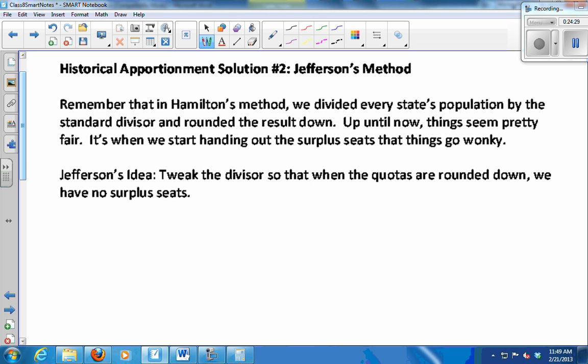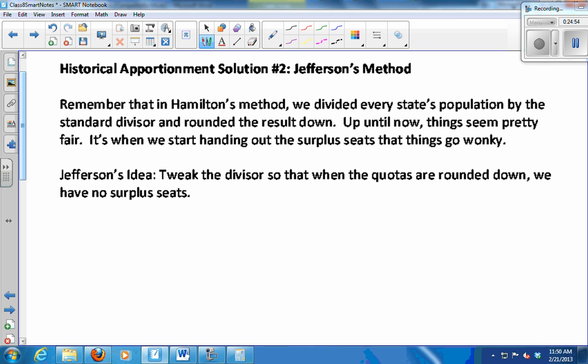The funny stuff happens when we decide who the extra seats should go to. That's when all the paradoxes happened, because in one case a state got one of the surplus seats, and when we changed something small, the surplus went to somebody else.